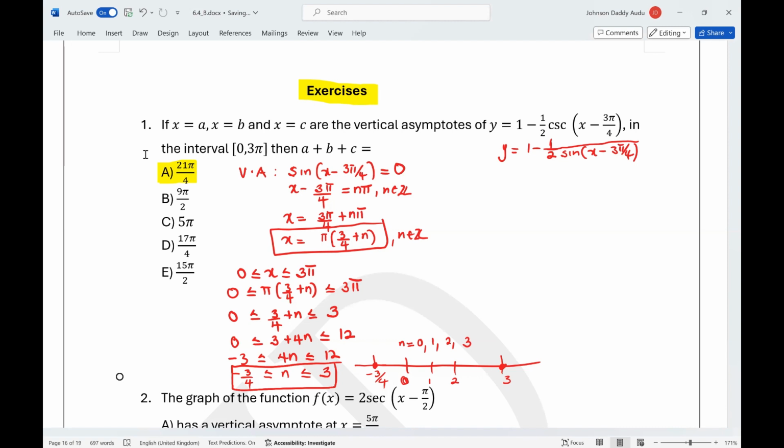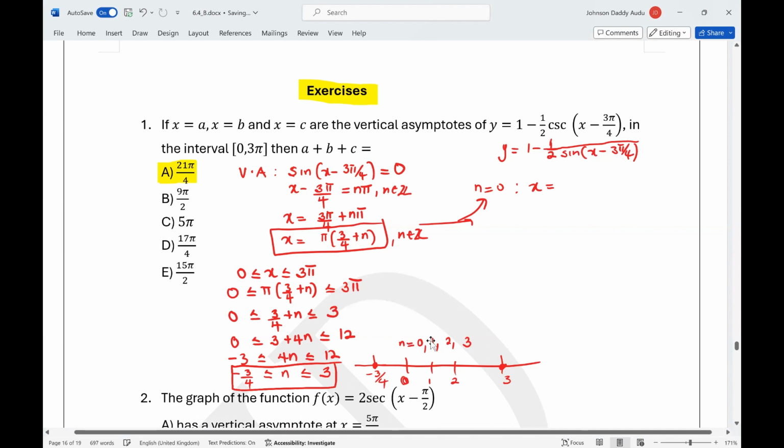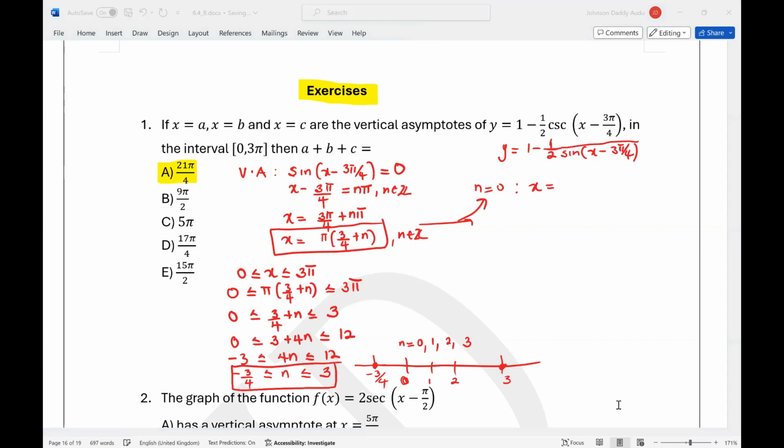All right. So what next can we do? We just need to come back here and substitute. For example, if n is equals to 0, one of the vertical asymptotes is going to be... all right, so here I think there is something wrong.